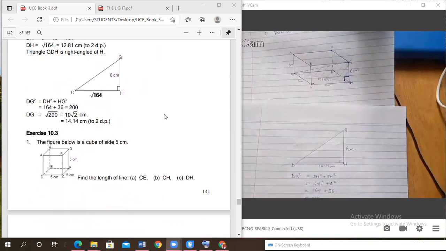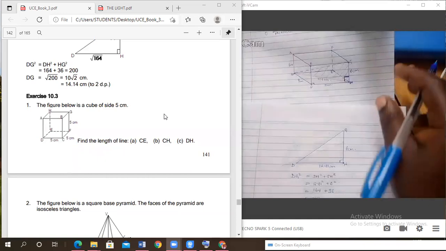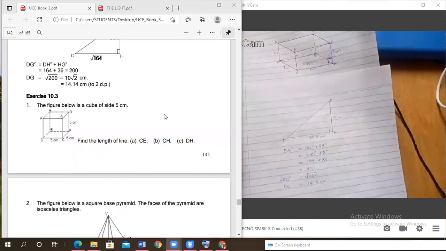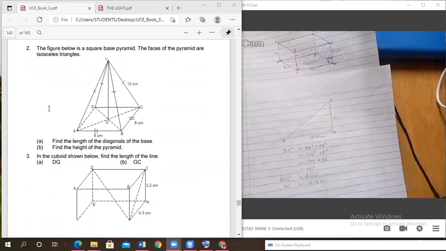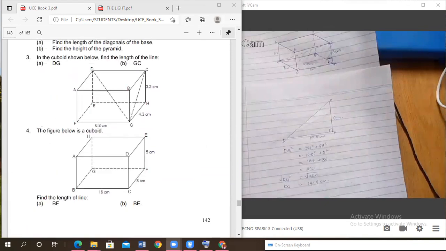So let us proceed. The next part is an exercise. It's an exercise, but to relieve trouble from you, I'm going to first do question 4. Are we together?